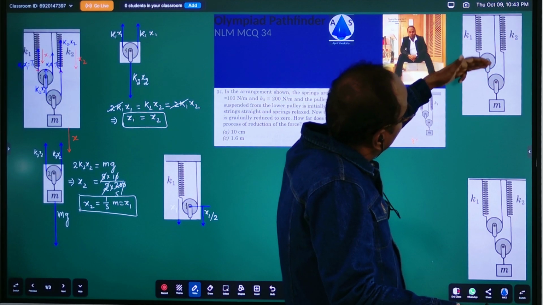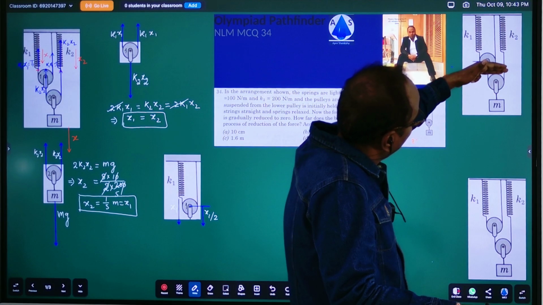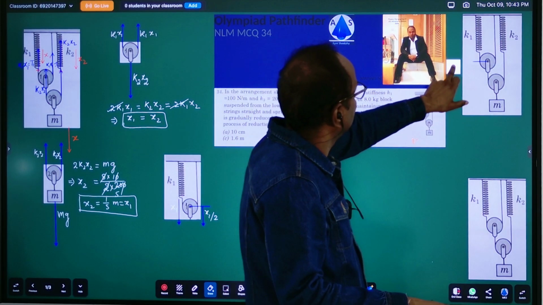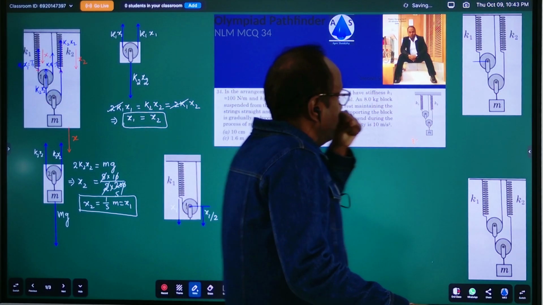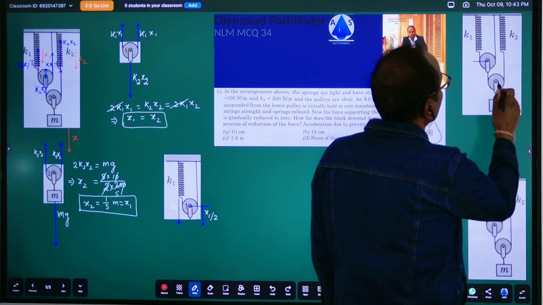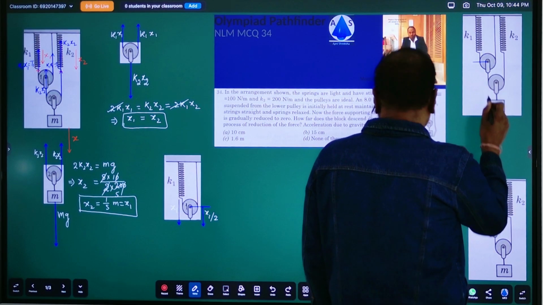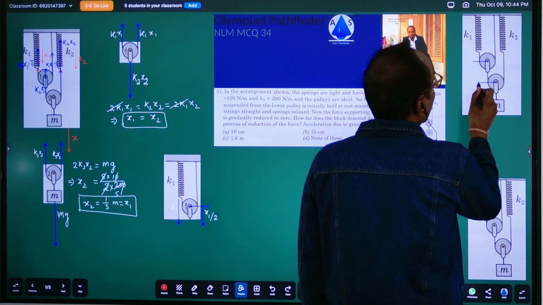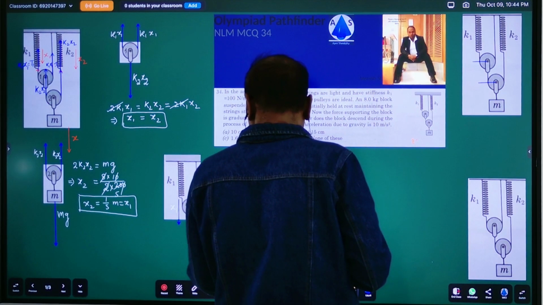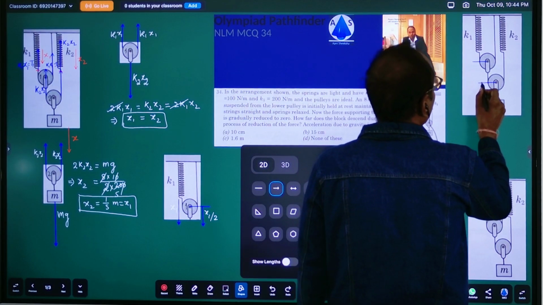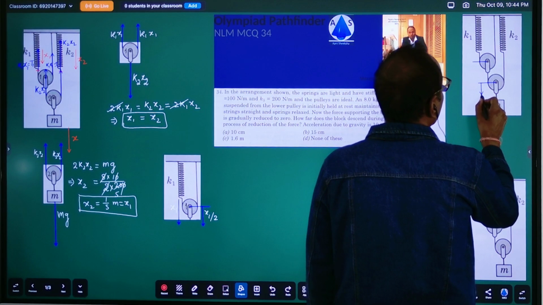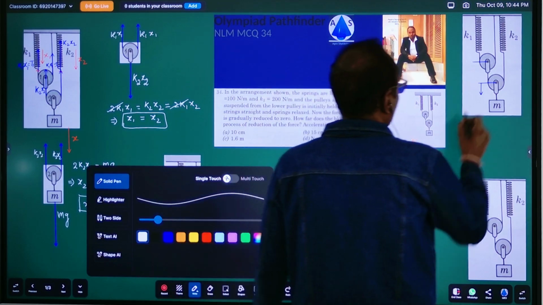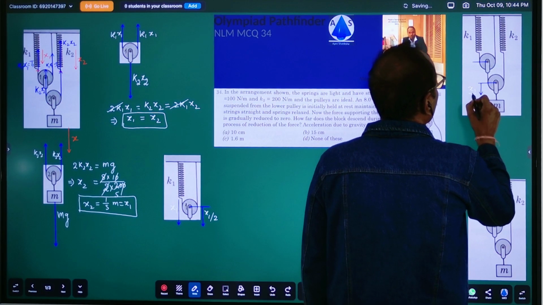So due to which x1 by 4 from this side it will come down, x1 by 4 from this side it will come down. Sorry. So this pulley will experience a drop of x1 by 4.